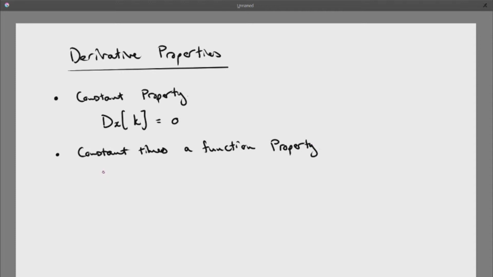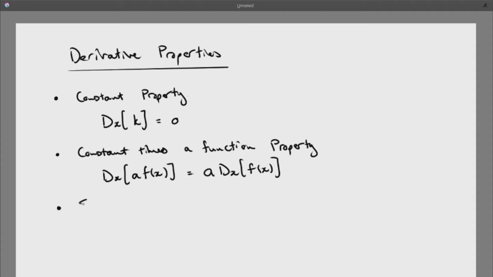Constant times a function property tells me that if I'm taking the derivative of some number times the essence of the function, the number can stay in front, and I'm just going to look at the derivative of the x portion, let's say. I call it the essence of the function.